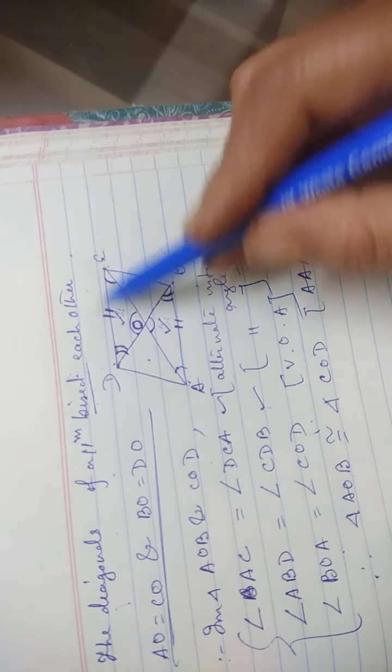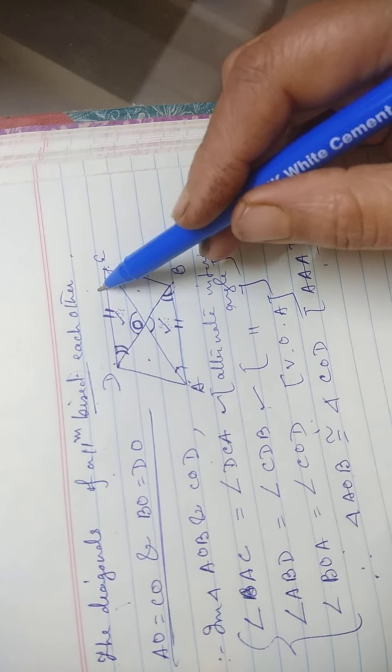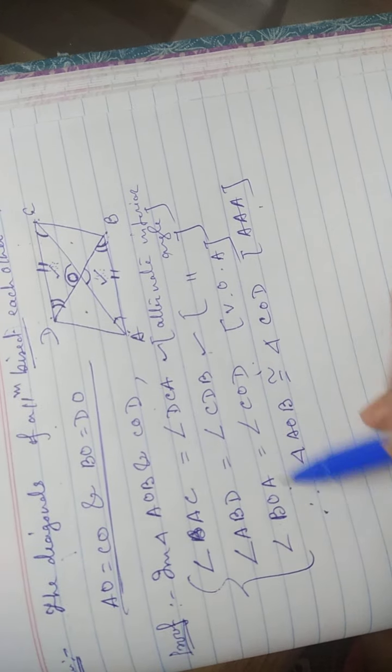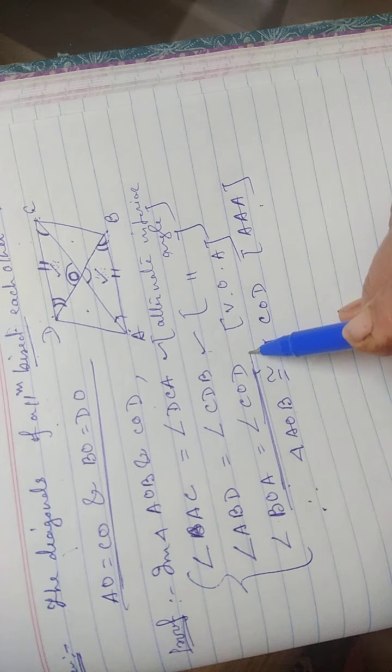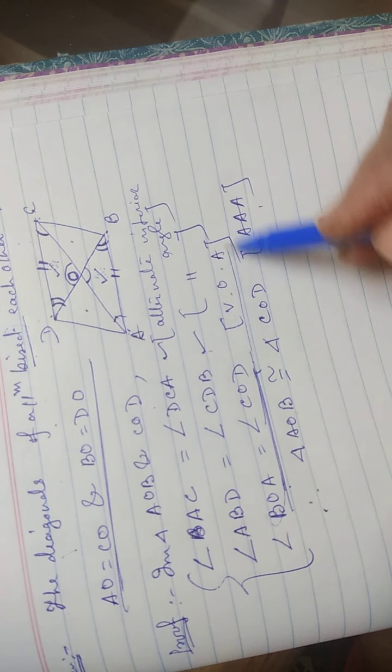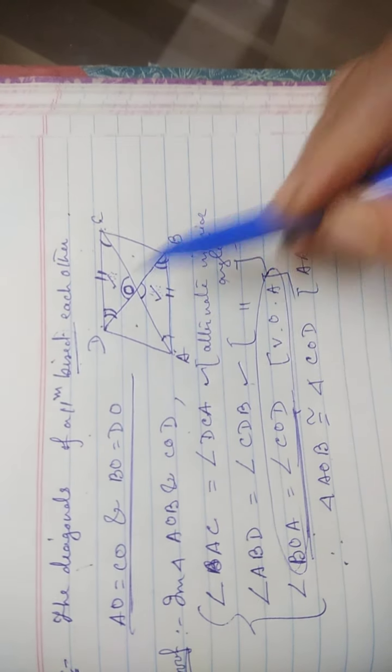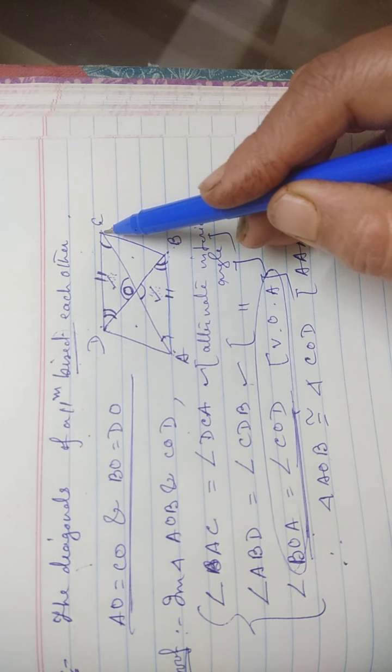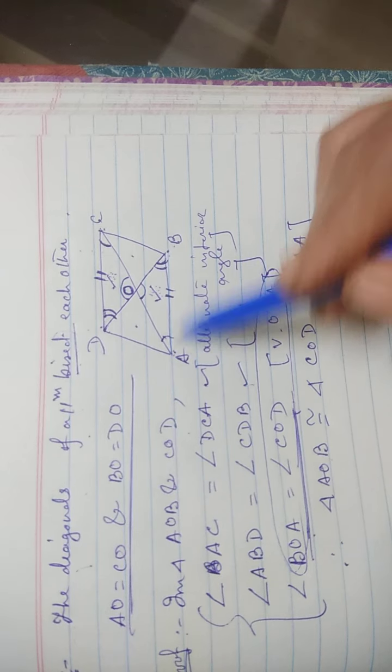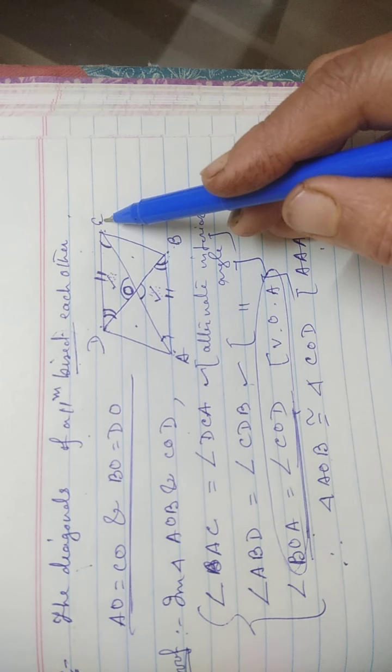Because you know this is a parallelogram, so opposite sides are equal. So in place of vertically opposite angle, you can write another criterion, that is AB equal to CD. Clear? Because what is the reason? Opposite sides of a parallelogram.